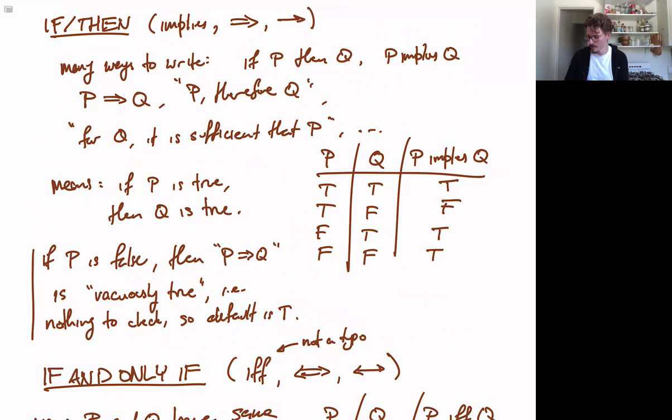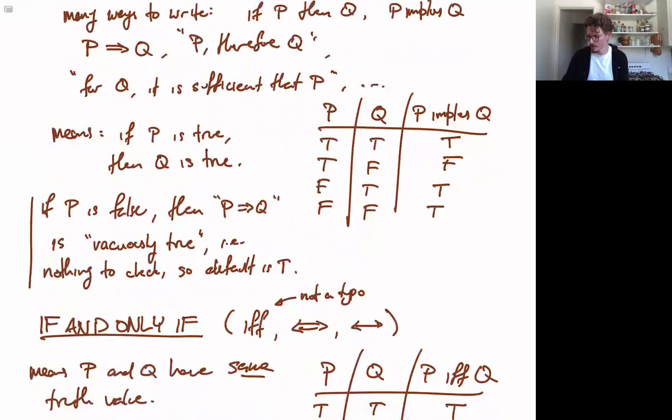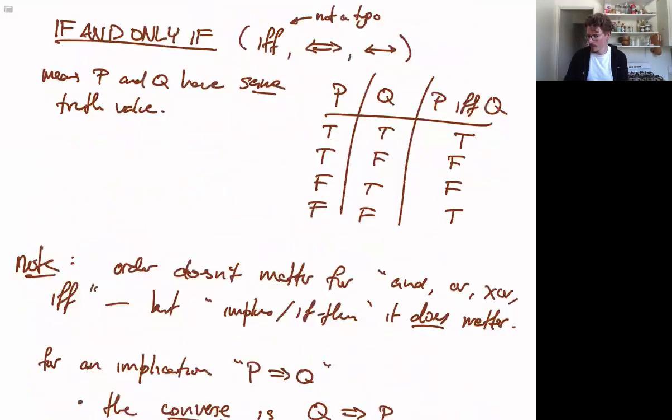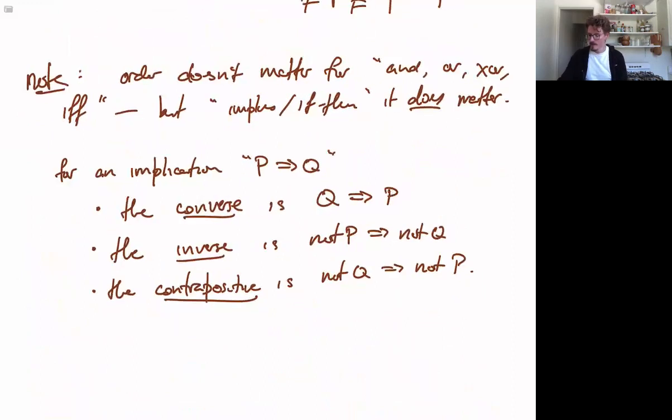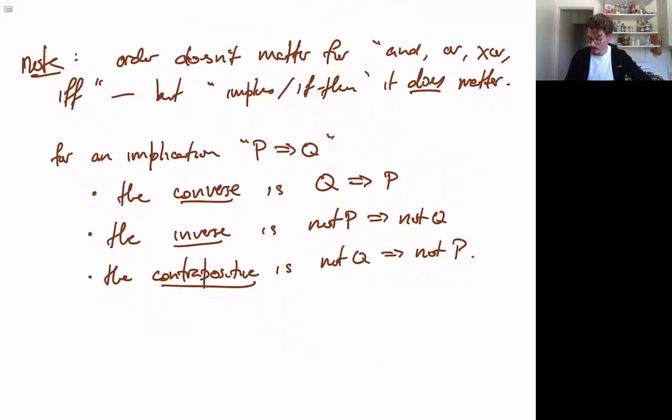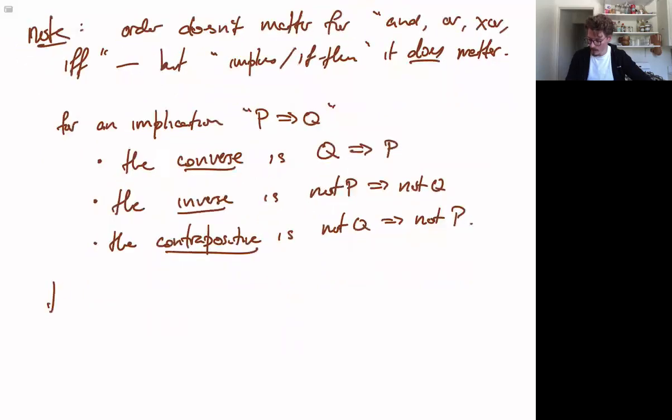There's no distinction there. Okay, so back to our new words. The point of giving names to these things is that there are certain relationships between them, and they are different things in general. So in particular, they're not all the same.